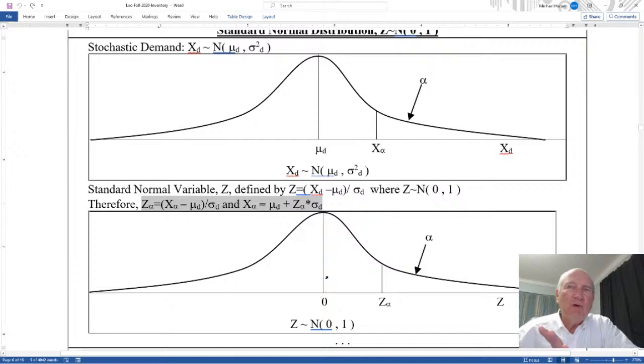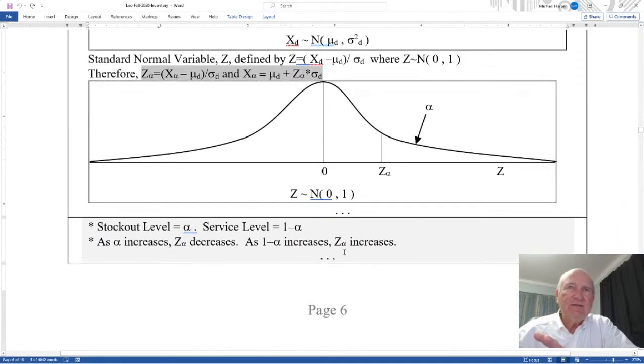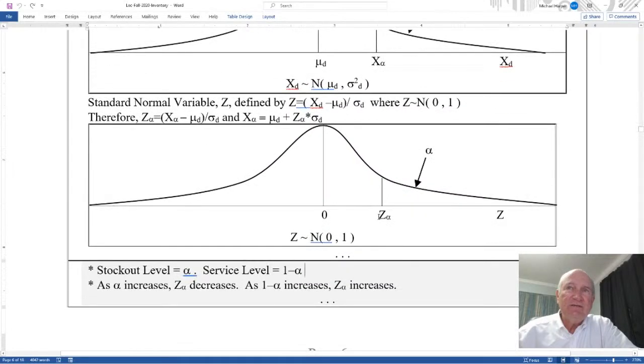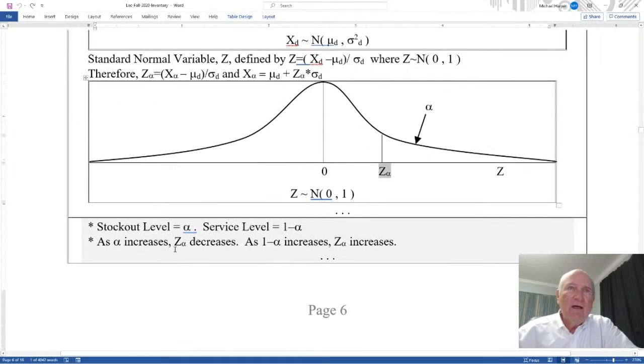Here's why this is important, the takeaways. And that's why I'm doing this. We'll be using these z values. This is the value right here. The stockout level we'll be talking about is alpha. Now the stockout level is defined as the probability of having stock out during an inventory period. That's my definition. You can't tell it here, but I'm going to do that later.